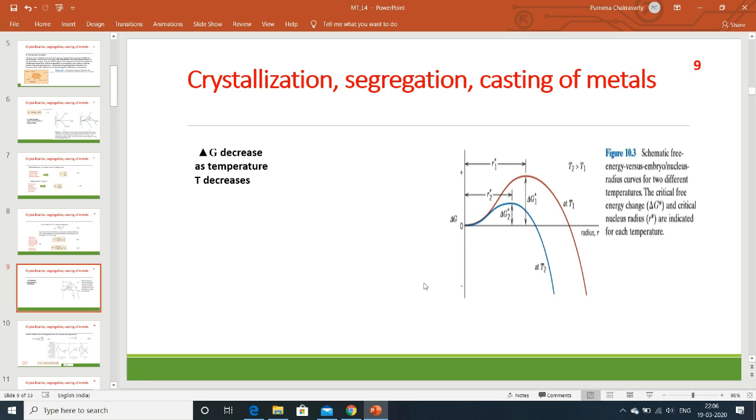That means the energy that needs to be overcome for homogeneous nucleation completely depends on the temperature. For lower temperature, we have to invest less energy for the homogeneous nucleation to take place. On the other hand, for a higher temperature, we have to invest more energy for the homogeneous nucleation to take place.